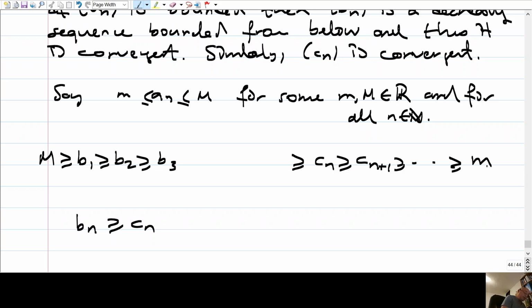So Cn is an increasing sequence and Bn is a decreasing sequence. Okay, one of them is increasing, one of them is decreasing, and always Bn is larger than Cn. Okay.